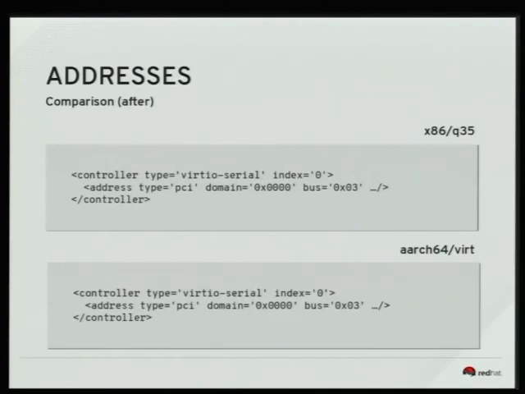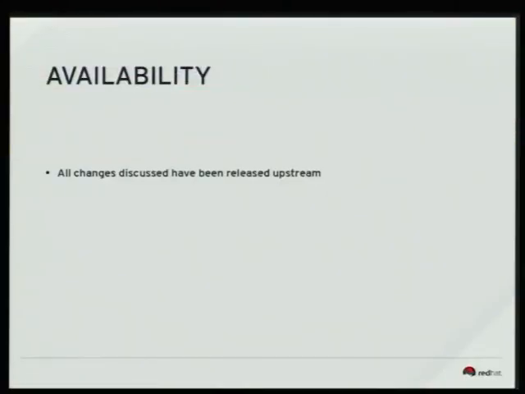But anyways, the point is that if you're working on x86, you take your exact same skills, you bring them to AArch64, everything works. So availability of all this stuff we talked about, well, it's upstream. Everything is part of released versions. So if you get the latest QEMU, latest libvirt, everything is available. It's not in downstream distributions unless you want to use Fedora Rawhide, but it's there.